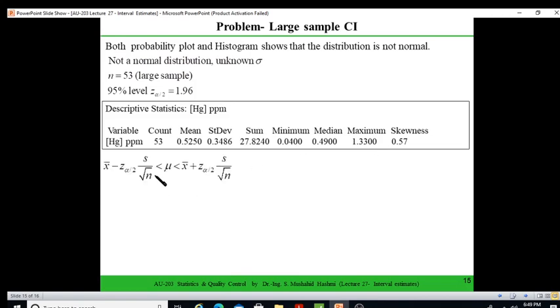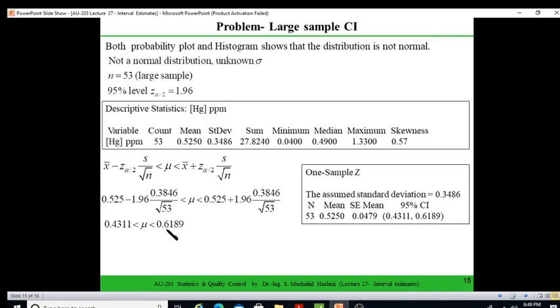The confidence interval can be drawn using this, where because sigma is unknown, we are using the sample standard deviation in calculating the confidence interval. You calculate the confidence interval, which comes out to be 0.4311 and 0.6189. So using this one-sample Z test, you can get this confidence interval with lower limit and upper limit.